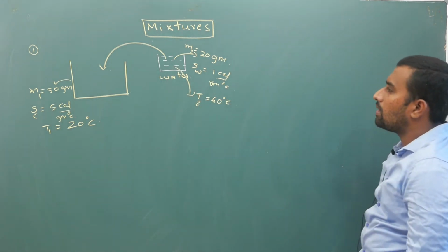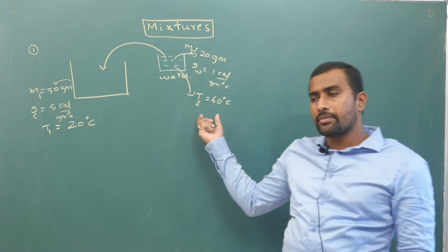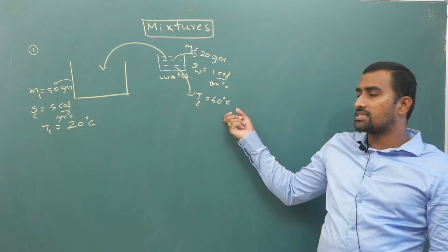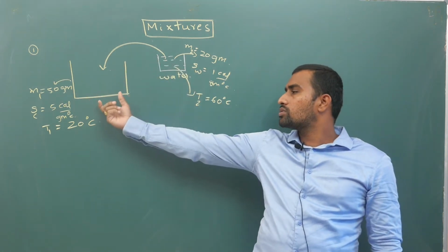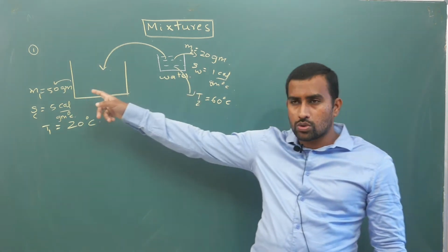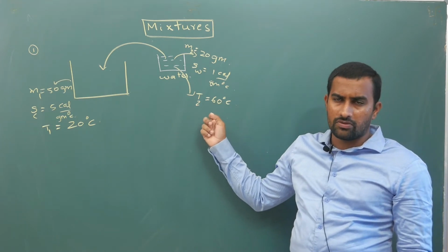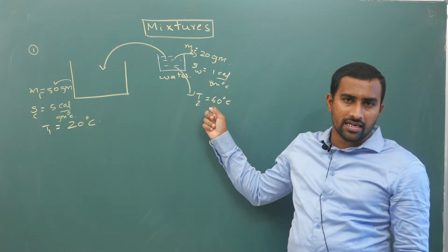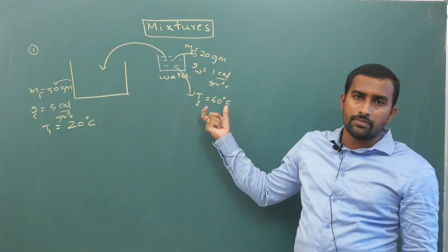So what you are doing is you are mixing a high temperature body, whose temperature is at 60 degrees centigrade, with another container whose temperature is at 20 degrees centigrade. Now if you are mixing these two, your hot body is obviously the high temperature body. So this 20 grams of water at 60 degrees centigrade is your high temperature body.